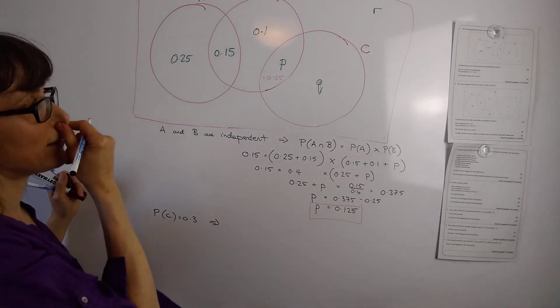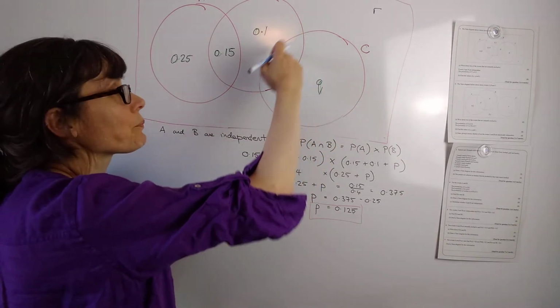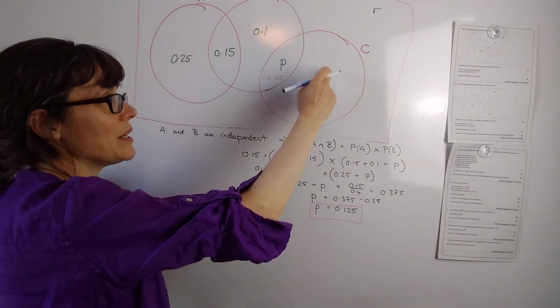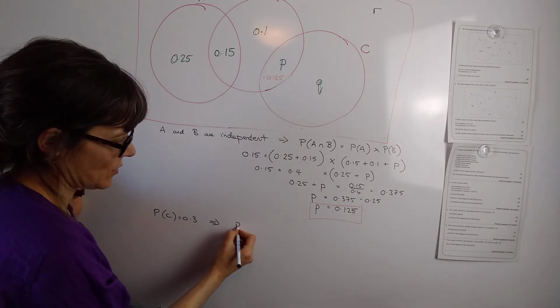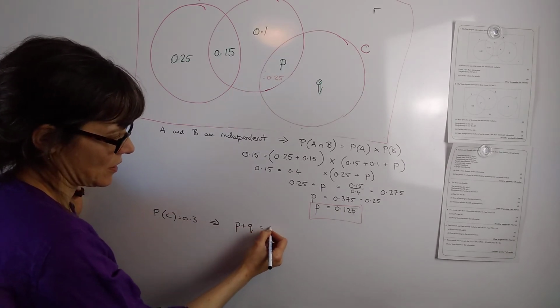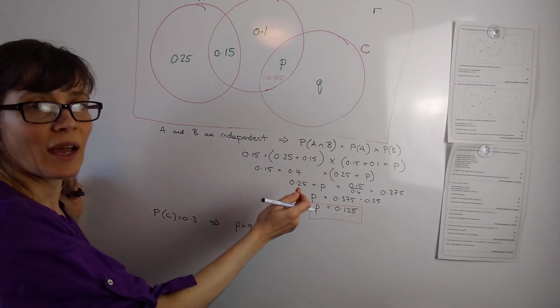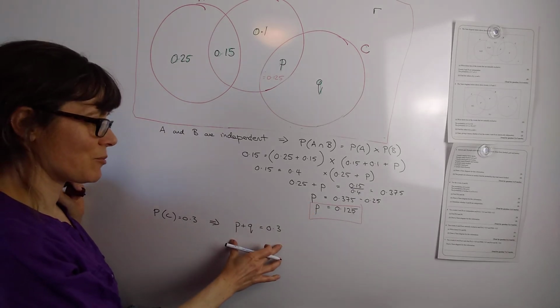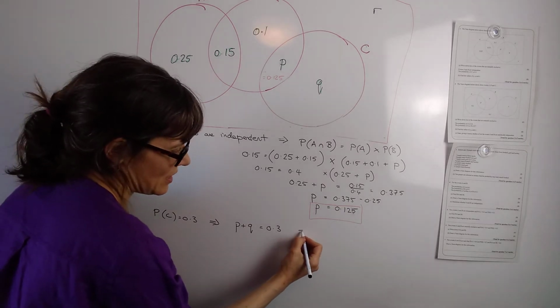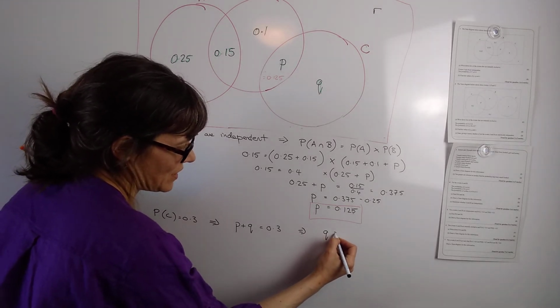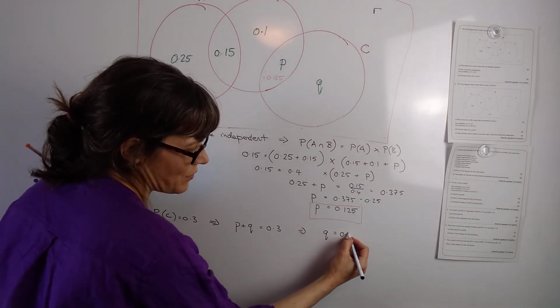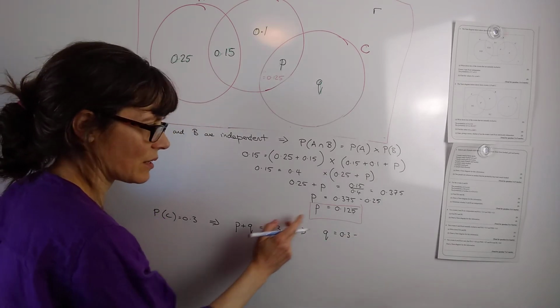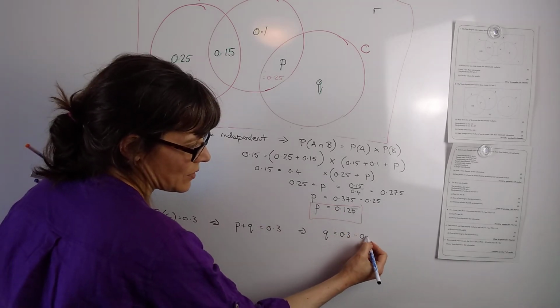So if we look at the probability of C, it's going to be P plus Q, which is 0.3, and we've already got P, so this one's worked out in order. We're not having to do a simultaneous thing. So Q must be equal to 0.3 minus P, which is there.